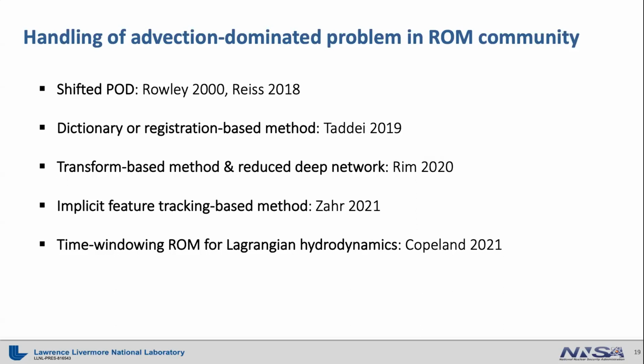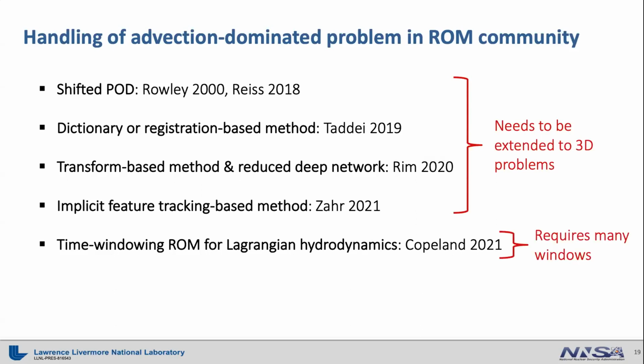These methods are indeed promising and need more research efforts, but to the best of my knowledge, these methods are still under development to be extended to fully 3D problems. And this time windowing reduced model requires many windows to handle long time advection dominated problems.